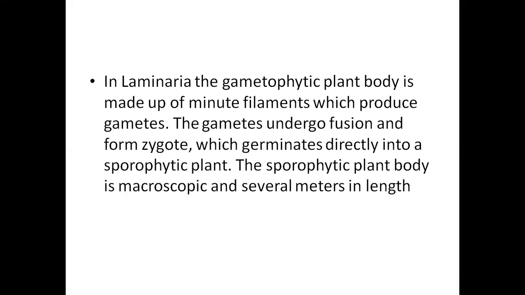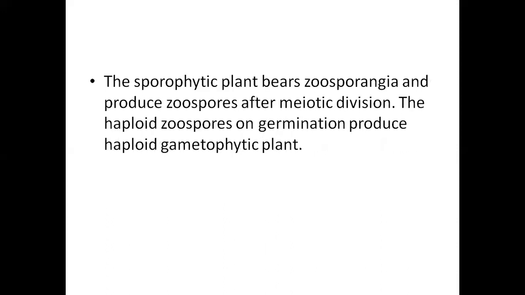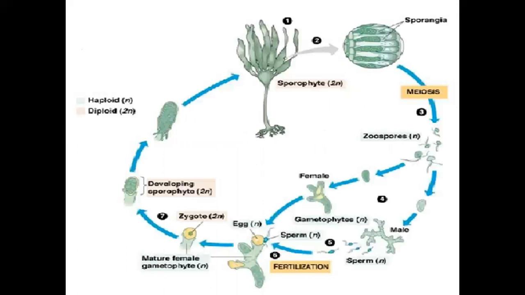Now, sporophytic plant is macroscopic. You can easily see by your eyes. Now, sporophytic plants will give rise to zoosporangia. And here, due to the zoosporangia, there will be meiotic division and zoospores will be produced. Here, zoospores will be haploid and they will give rise to the gametophytic plant. See here.